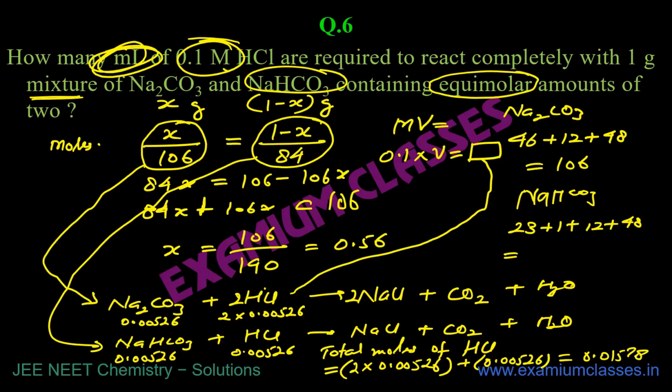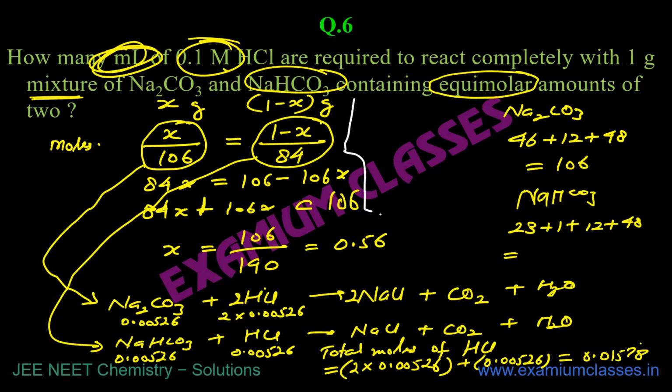Okay. Now you know these many moles of HCl are used. Now you will apply the formula. The number of moles is equal to molarity multiplied by volume. So you will say M into V is equal to number of moles. M is 0.1 into V, number of moles 0.01578.